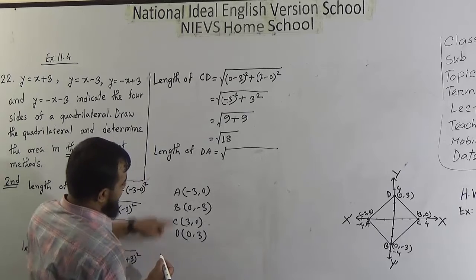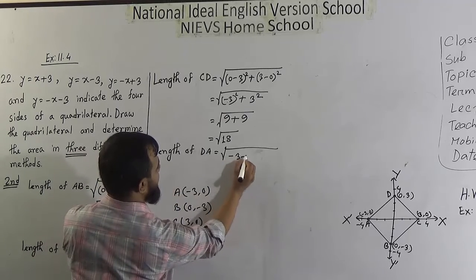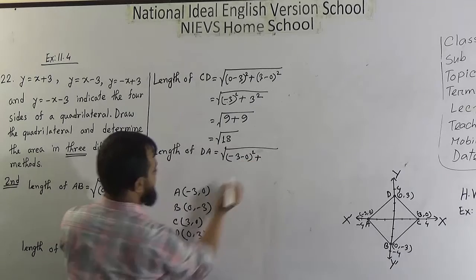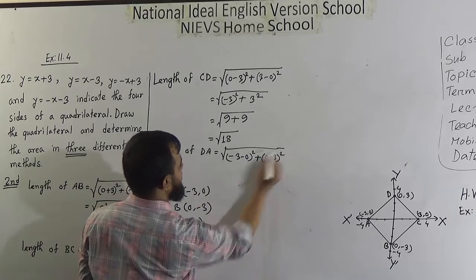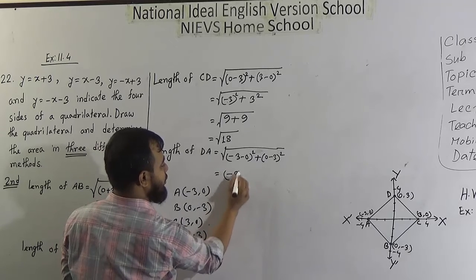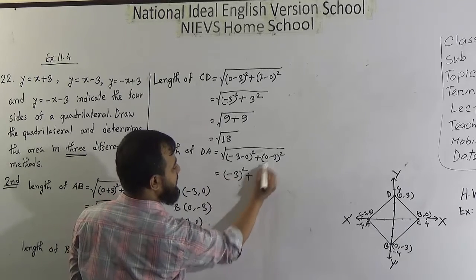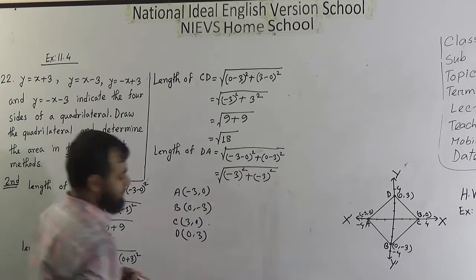So DA, these 2 points, okay, so minus 3 minus 0 whole square plus 0 minus 3 whole square. It will be minus 3 minus 0 means minus 3 whole square plus 0 minus 3 means minus 3 whole square whole to the power root.